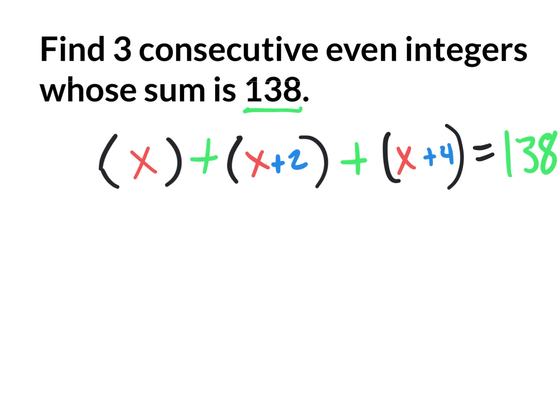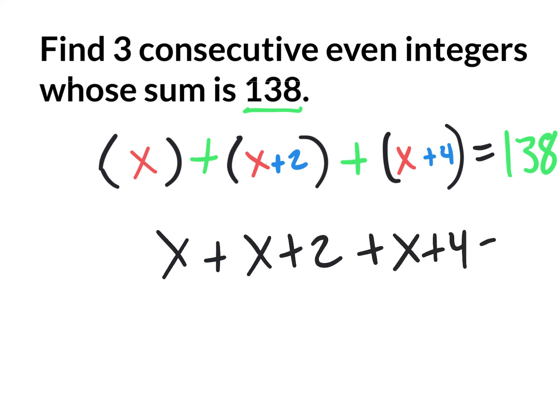Now I'm just going to solve it. I check for distributive property. There isn't any. I check for combining like terms. There is. Of course, because there's no distributive property, I could rewrite the whole thing without parentheses. And let's combine like terms here. I have 1x, 2x's, 3x's.